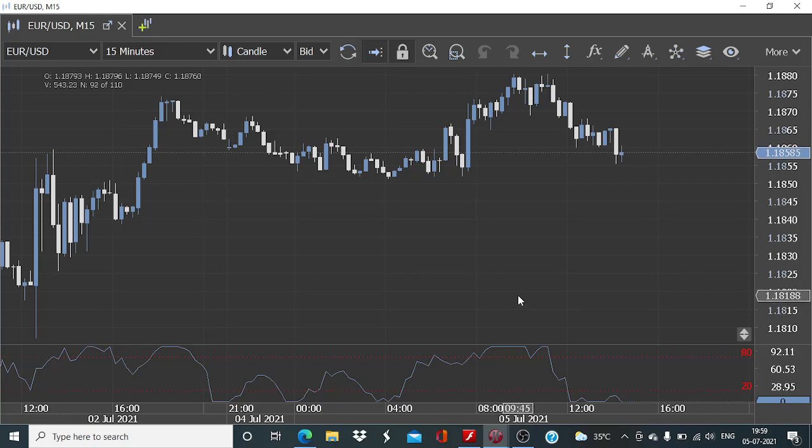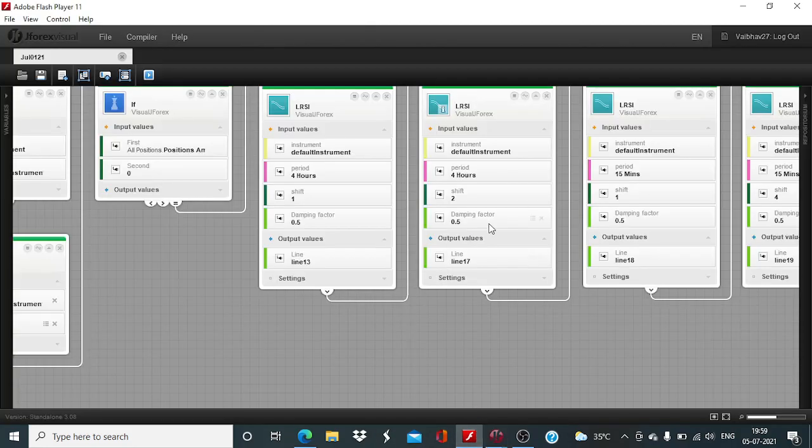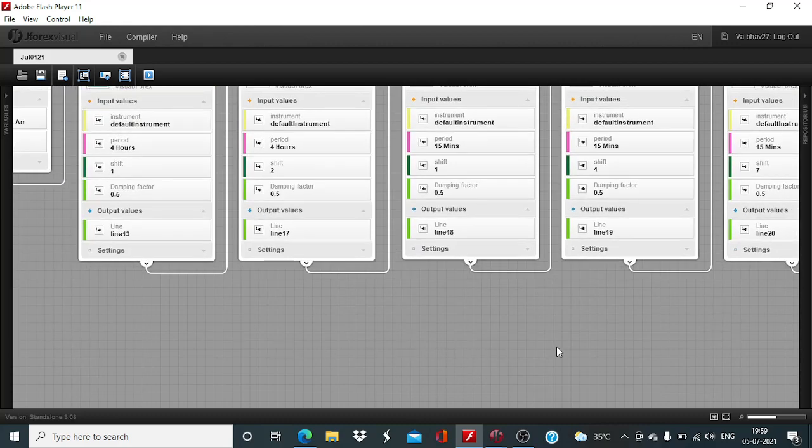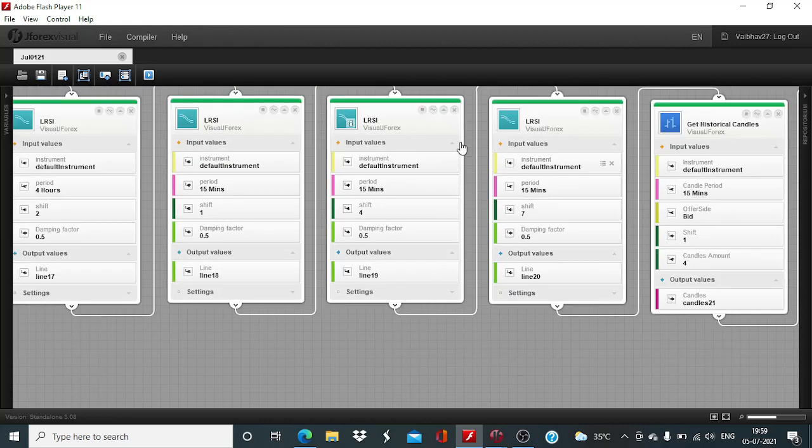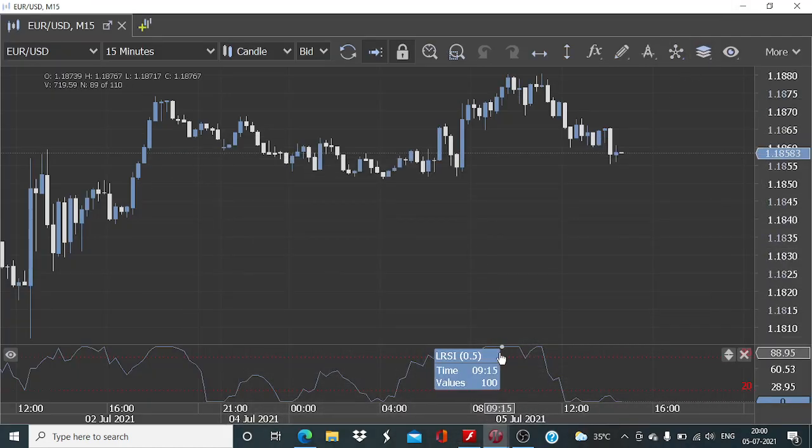For the last 15-minute candle block, the LRSI output will need to be below 80, and there are the LRSI blocks with shift values of 4 and 7. For these two blocks, the output will need to be exactly at 100, so it should equal 100.